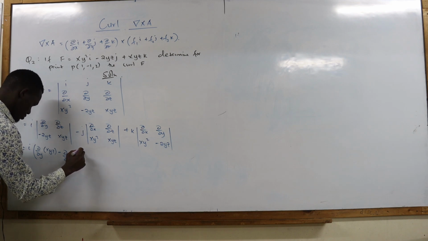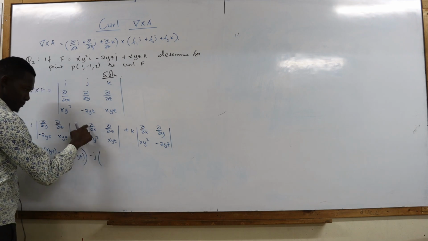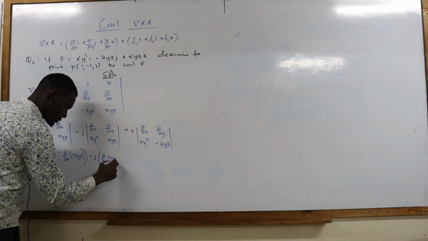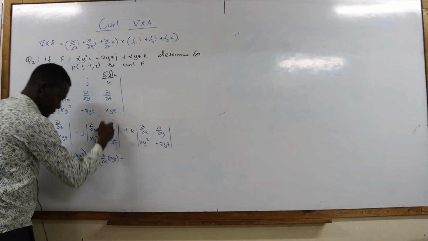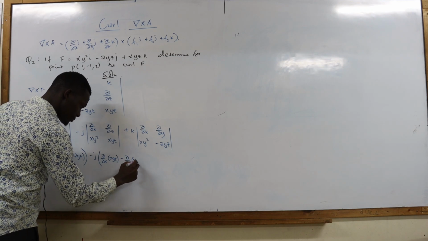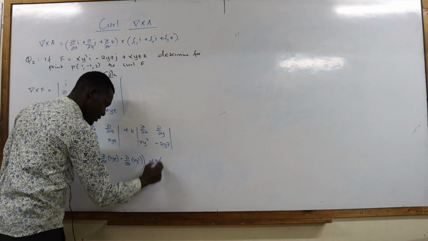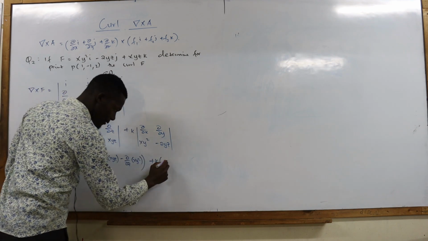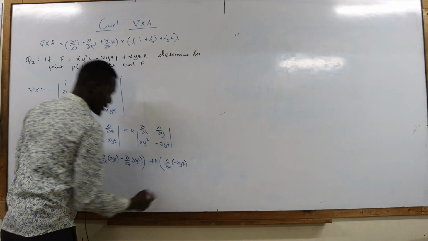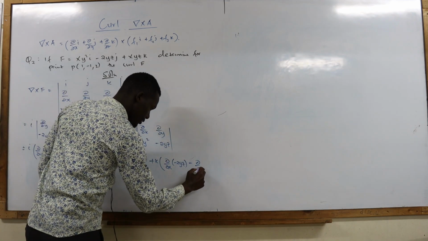Then minus j, main diagonal, d/dx of xyz, minus minor diagonal, d/dz of xy squared. Then the last one is k, main diagonal, d/dx of negative 2yz, minus minor diagonal, d/dy of xy squared.